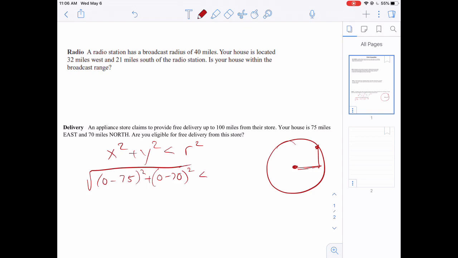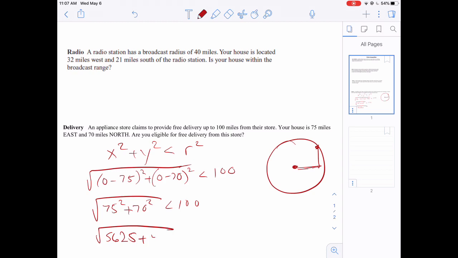Is that less than the 100 miles? Well, the zeros are all gone here, so we're stuck with the square root of 75 squared plus 70 squared. Is that less than 100? I have to go to the calculator for this one. So 5625 and 70 squared, I can do that in my head, 4,900.